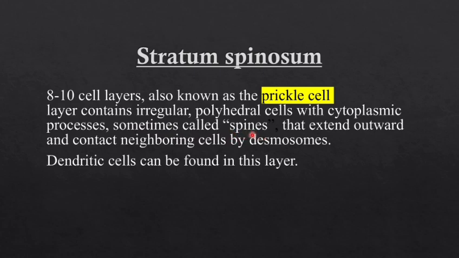They are called prickle cells as they extend outward and contact neighboring cells by desmosomes. Dendritic cells can be found in this layer.